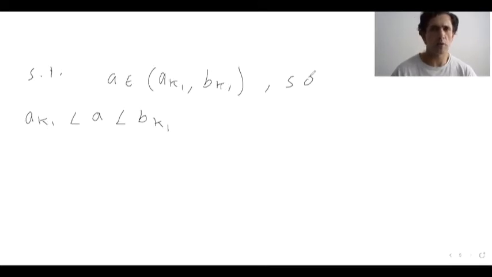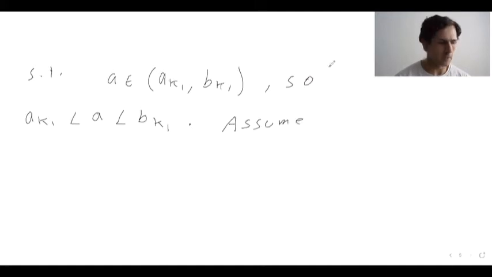So I'm not going to do it. But anyway, let's assume that b is less than or equal to b_k1. Either b is bigger than b_k1 or b is less than or equal to b_k1.